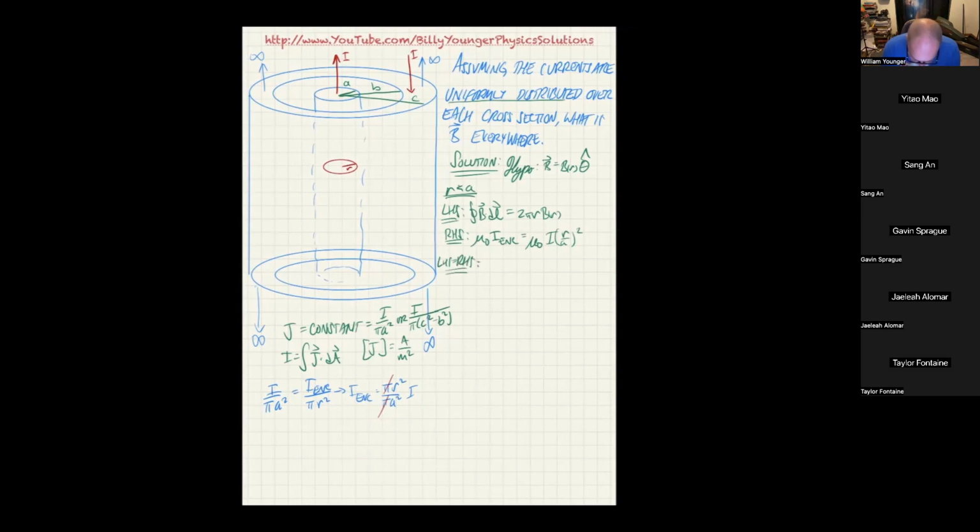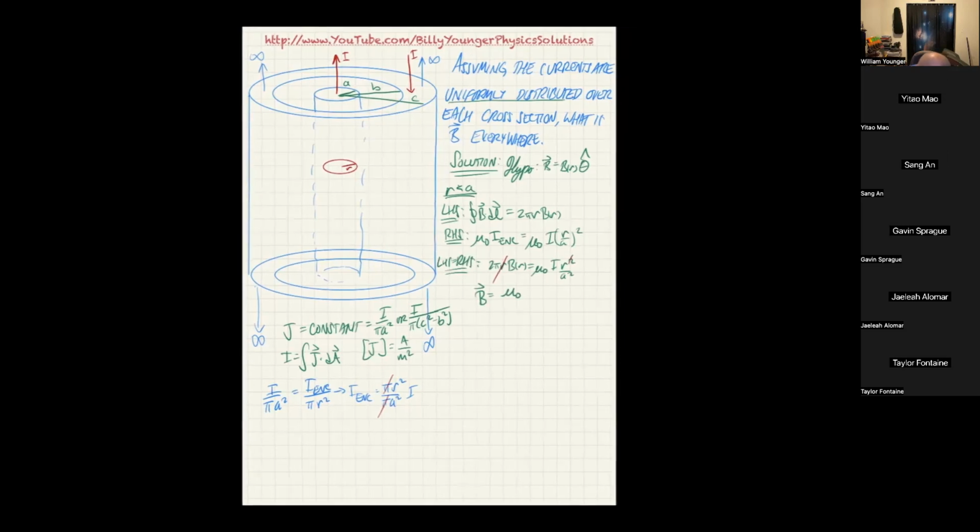And from that, I'm going to get 2 pi r B of r is equal to mu 0 I r squared over a squared. So B is going to be equal to mu 0. Notice this r cancels out with one of those r's.